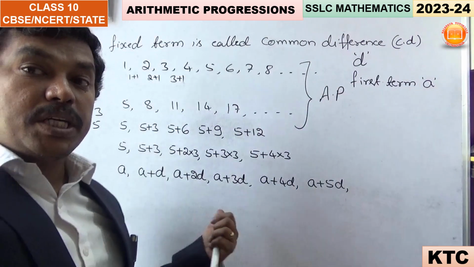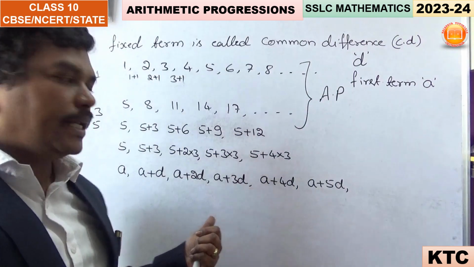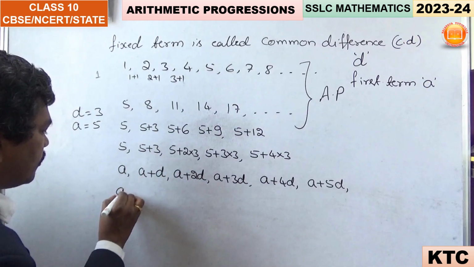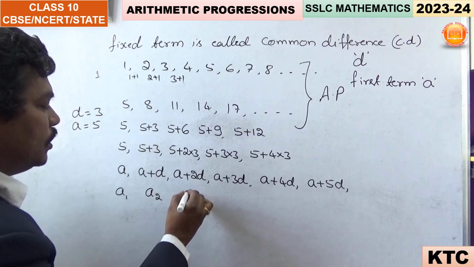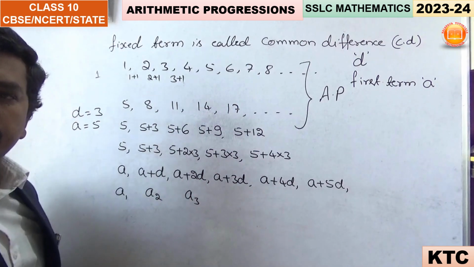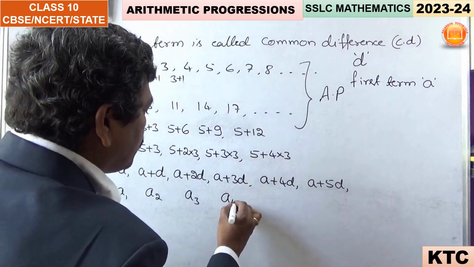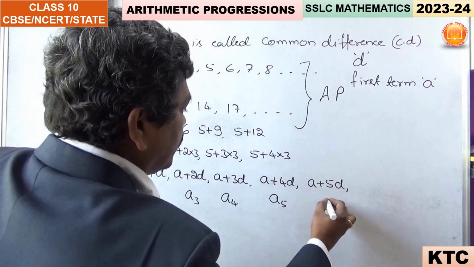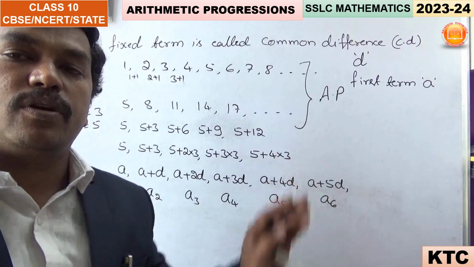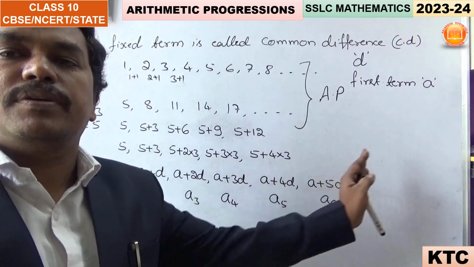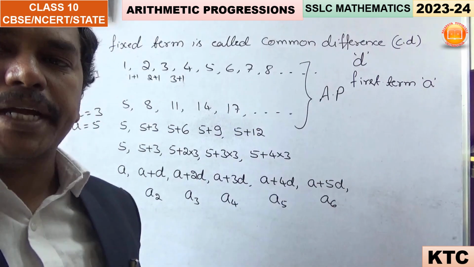Here you observe which are the terms we have to maintain. This is the first term, this is a1, and this is the second term, this is a2, this is the third term, this is a3, and this is the fourth term, it is a4, a5, a6. So these are the terms: first term, second term, third term, fourth term, fifth term, and so on.